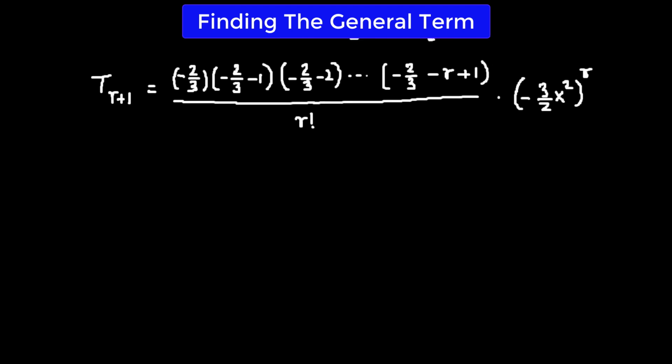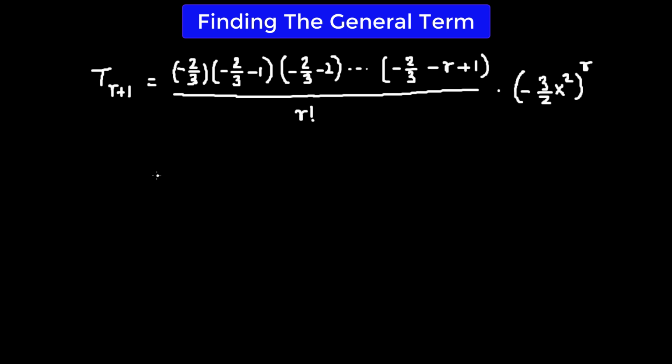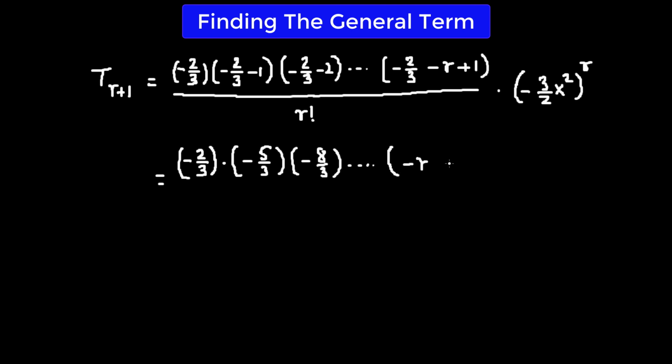Now we simplify the values. So the first one will be negative 2/3 times negative 5/3 times negative 8/3 times negative r.